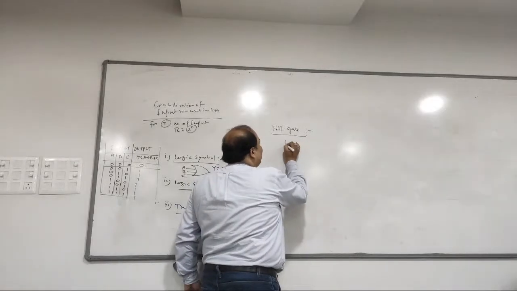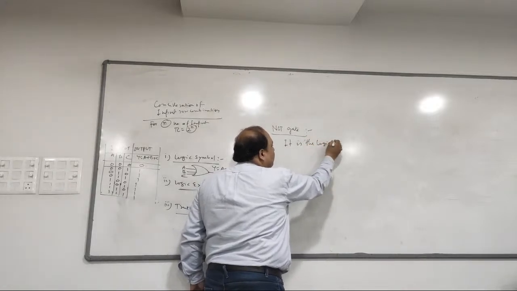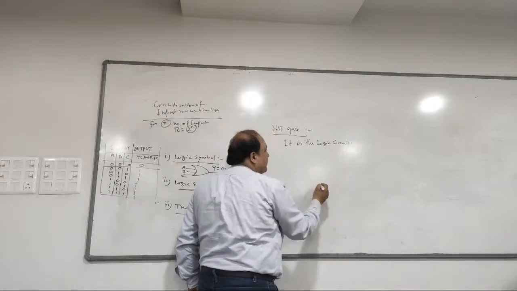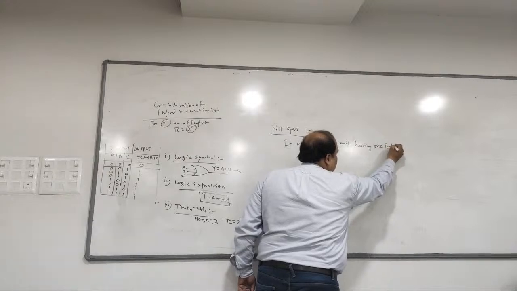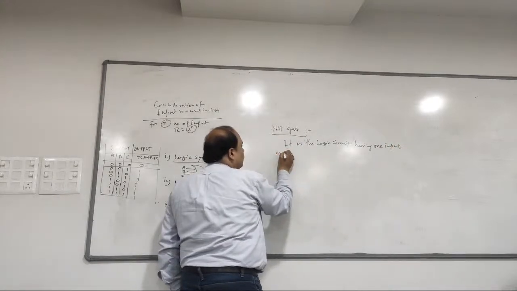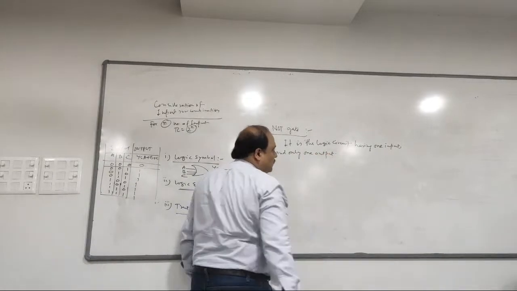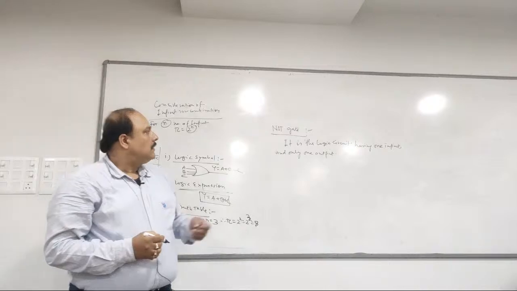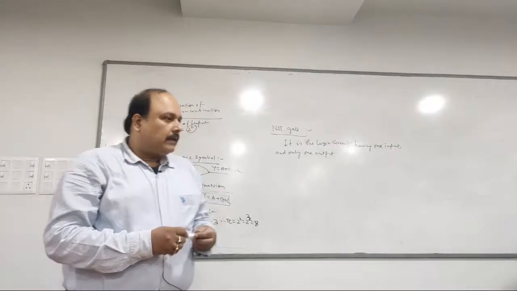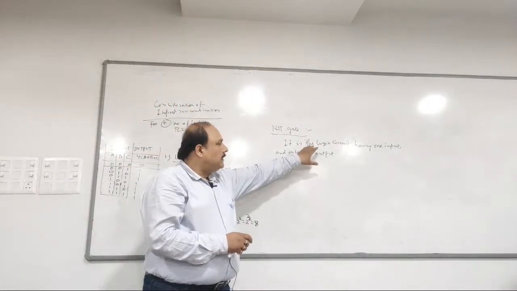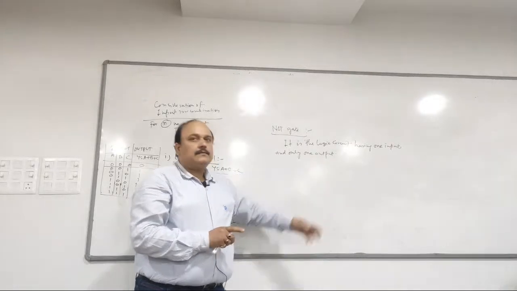Now, this is the logic circuit having one input and only one output. That means in the case of the NOT gate, a single input is there and a single output is there.